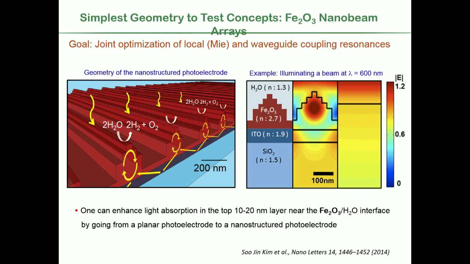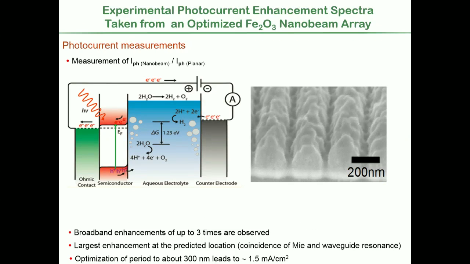And you can prove that this will help you indeed enhance the water splitting reaction just by putting one of these samples, where here's a cross-section of a beam array, here's the iron oxide, size big enough to support Mie resonances, into a photoelectrochemical cell, and in this case you see the band diagrams of the iron oxide and the water next to it.